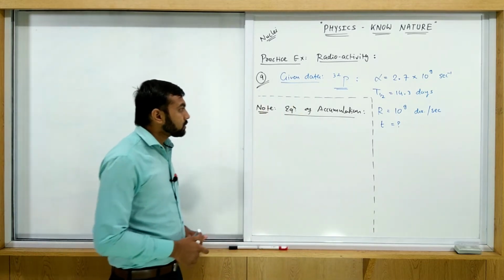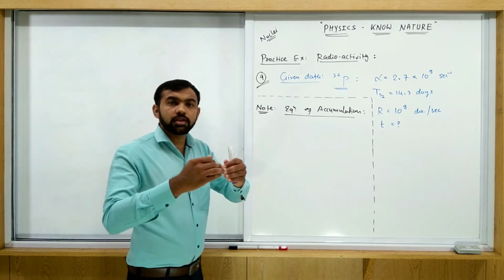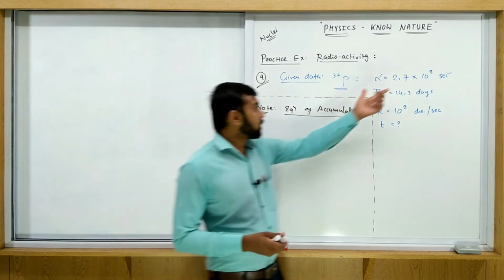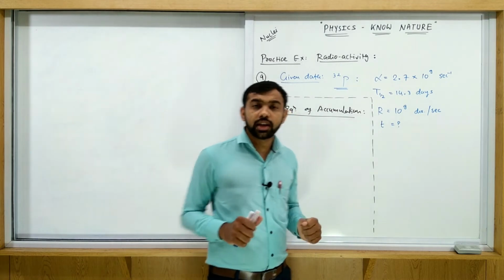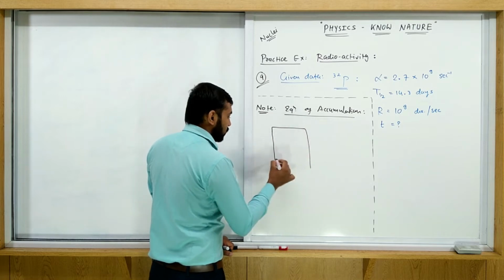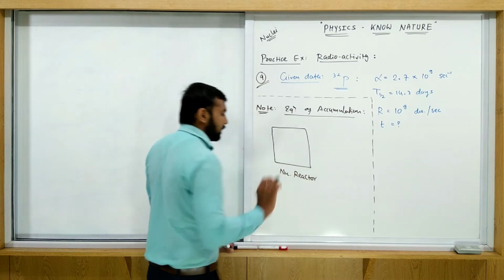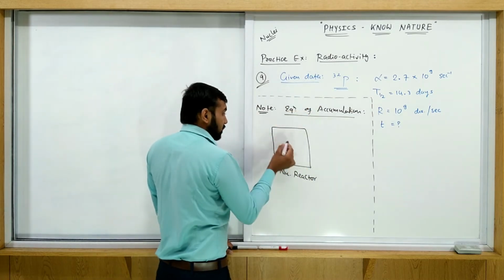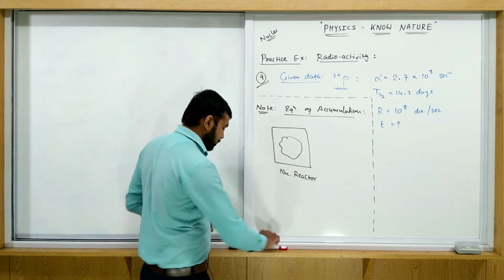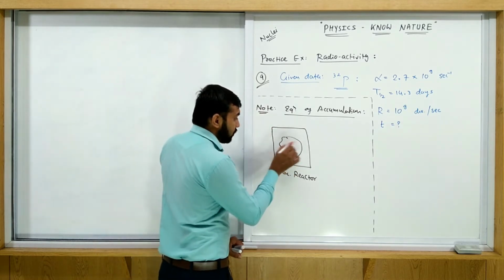Up to this session we only discussed one substance that only disintegrates, and nothing is added to it. Here, this much is added into the nuclear reactor. Suppose it is a nuclear reactor in which this substance P32, in general any substance X, is present.